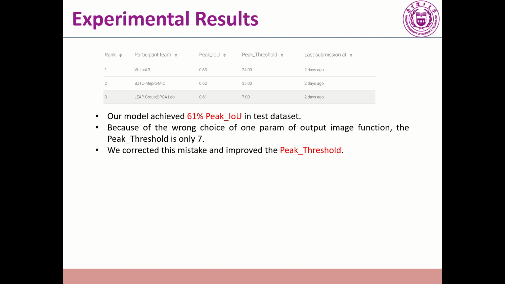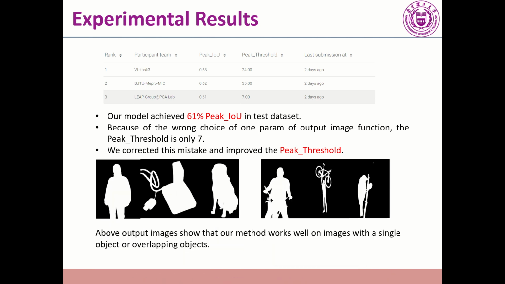Well, we corrected this mistake and improved the peak threshold obviously. Then we give some of our results. Above output images show that our method works well on images with a single object or overlapping objects.